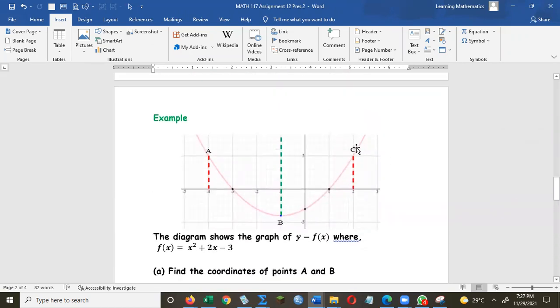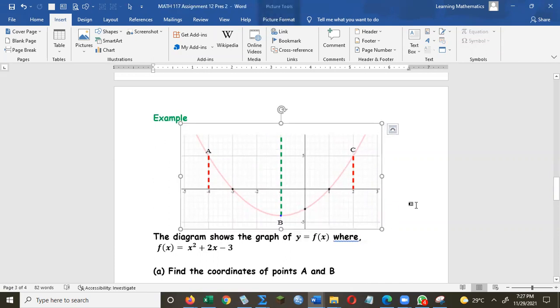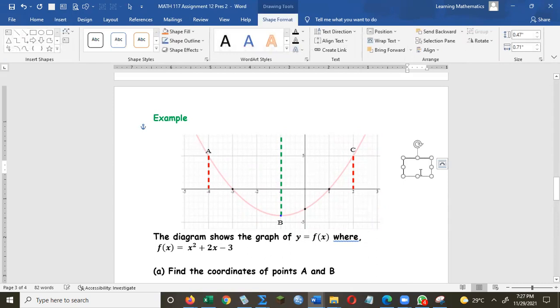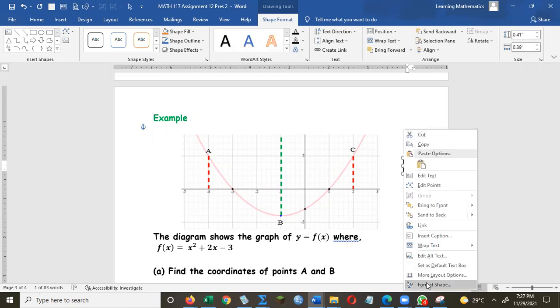So let's call the y-intercept, well, the better letter for the y-intercept will be C. So let's call this y-intercept here C, and let's call this area up there D. So let's make some changes just for it to look like the example.